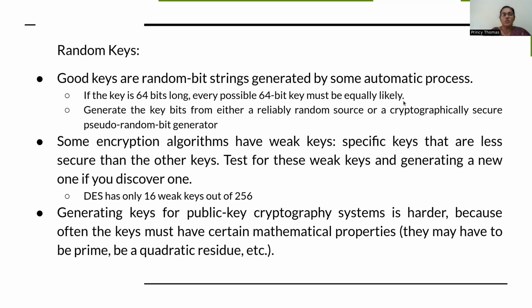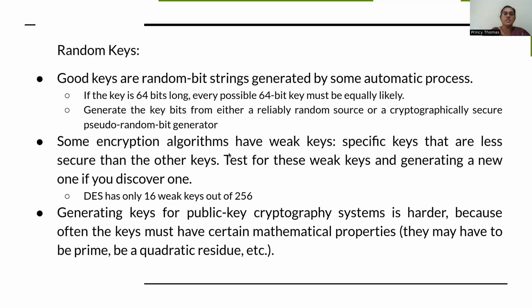So whatever process we use should not have any bias. The key bits can be generated through a random source or a cryptographically secure pseudo random bit generator. Any method can be used.